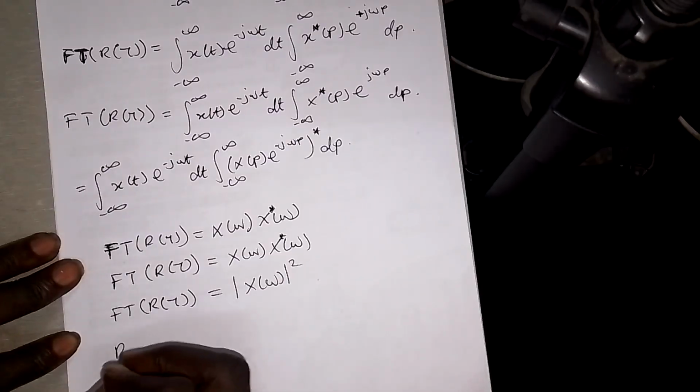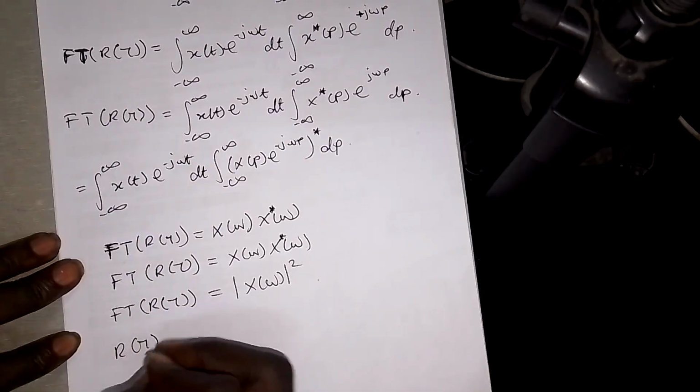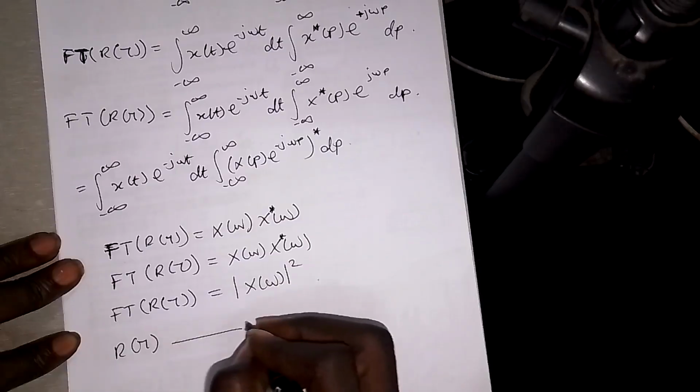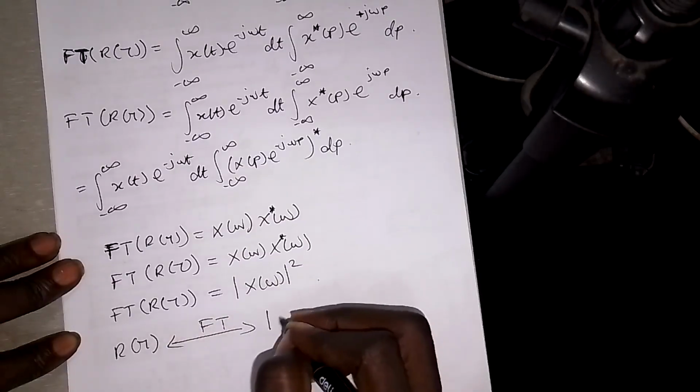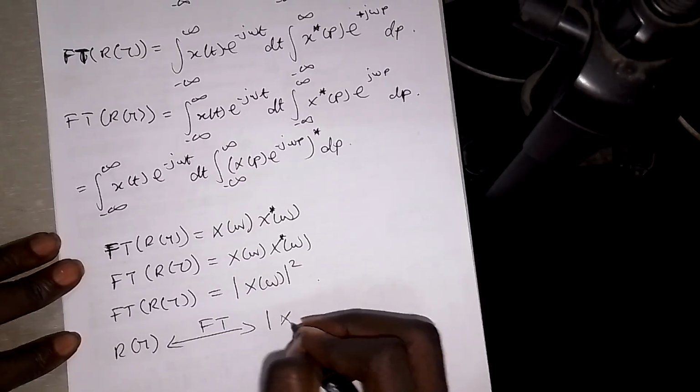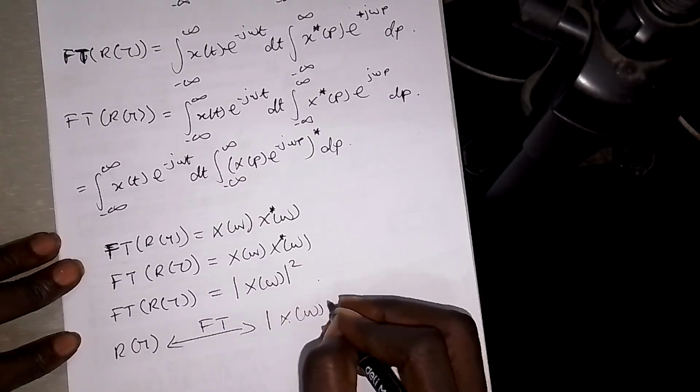And then what I can now write is that the autocorrelation is now a Fourier transform of this particular format, which gives the energy spectrum. Like this.